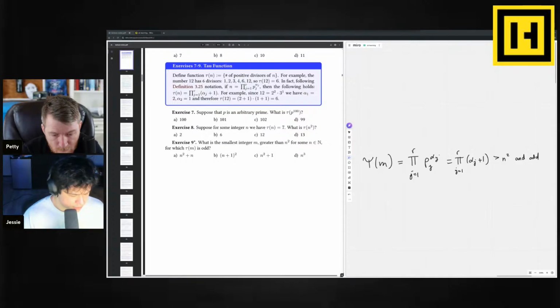My thought is to figure out what the tau of n squared is, and then what increment would make that odd.